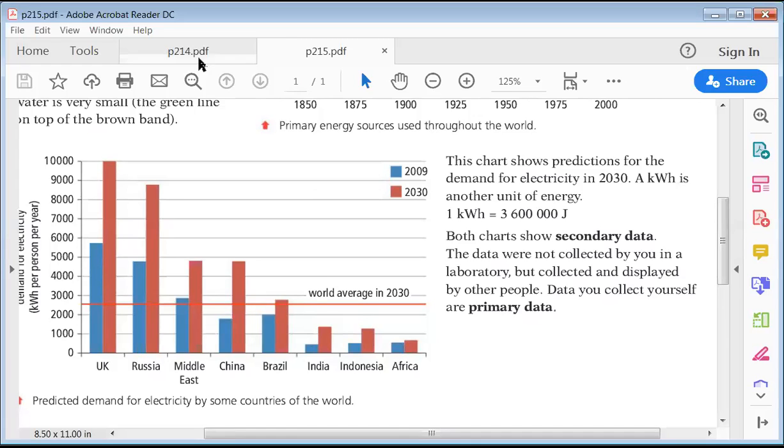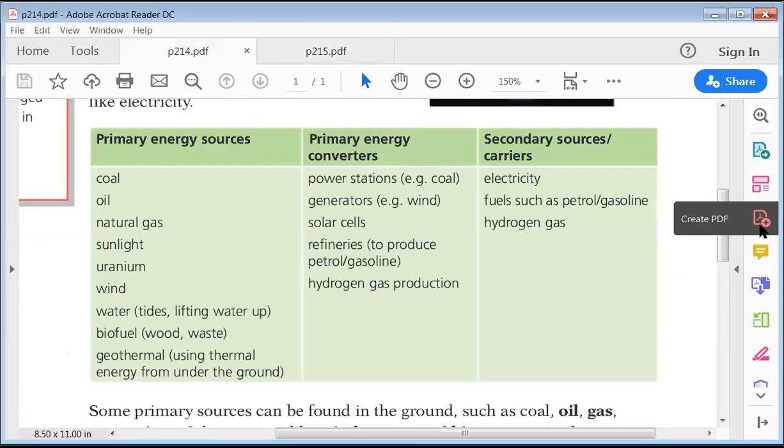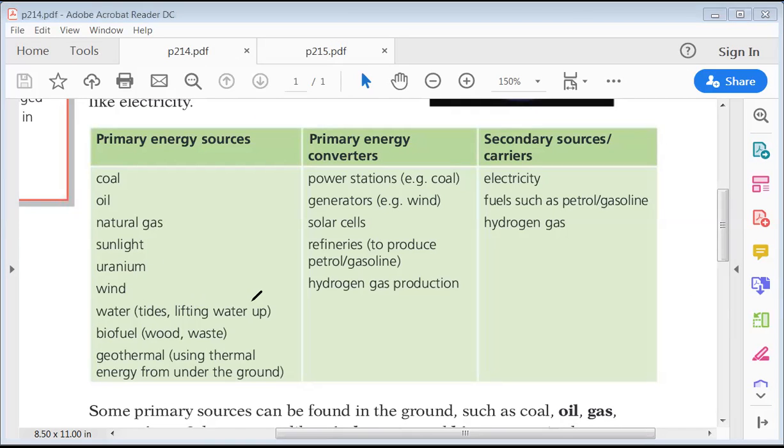I will show you this table about the primary energy sources. The primary ones we have here are coal, oil, natural gas, sunlight, uranium, wind, and water, which is the tides lifting water up. They also use the tides for generating electricity. Biofuels such as wood or waste, and geothermal using thermal energy from under the ground.